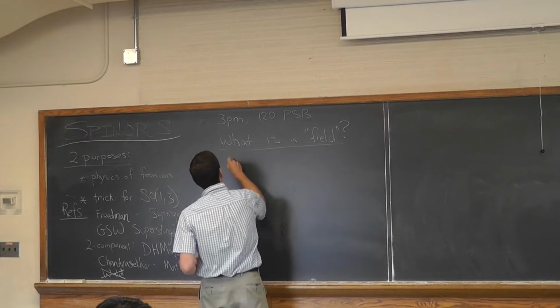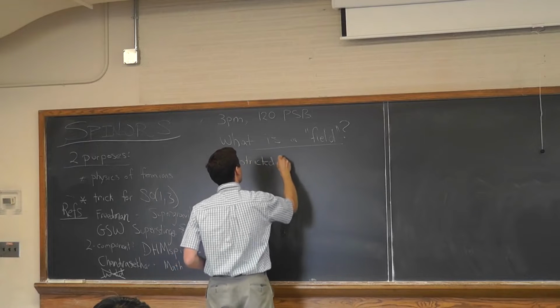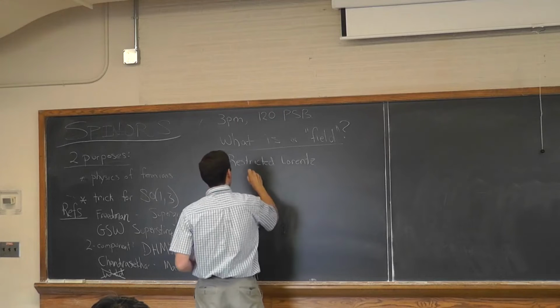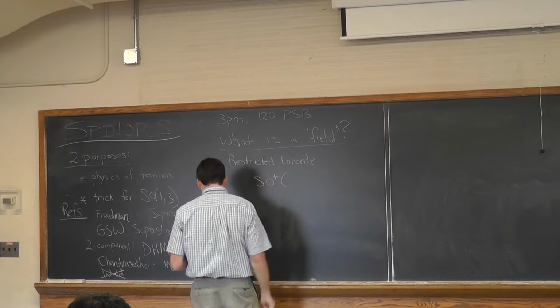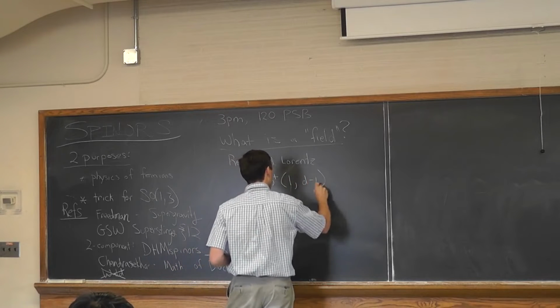So the restricted Lorentz group is called various things by various authors, but I'll call it SO+(1, d-1).